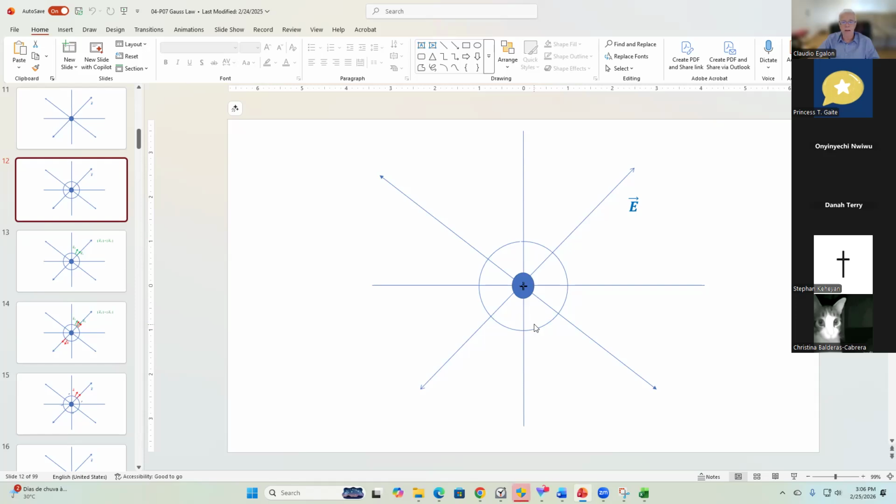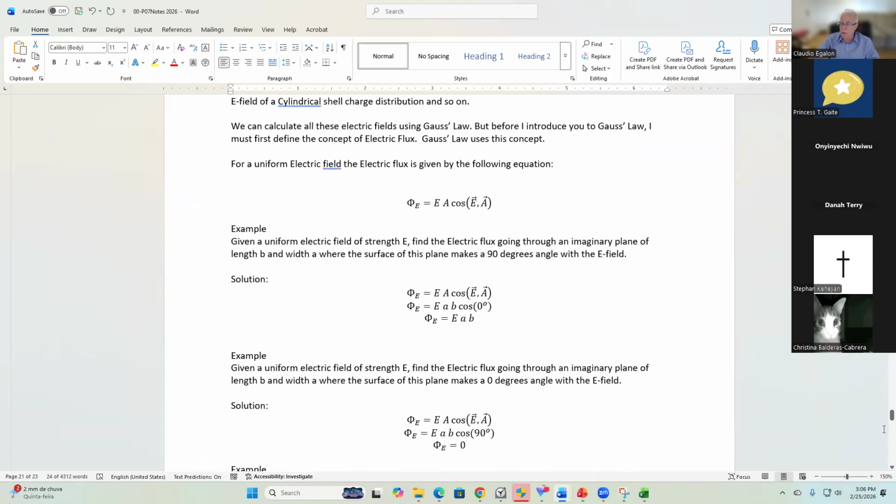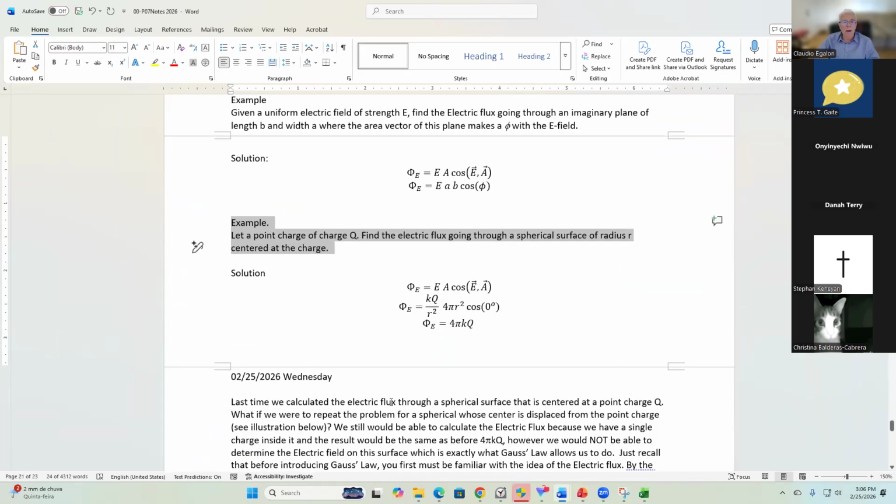This is not a planar geometry. This is a spherical geometry type of problem. Previously, we did a planar geometry type of problem, if you were here last time.